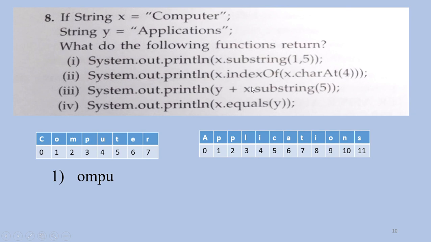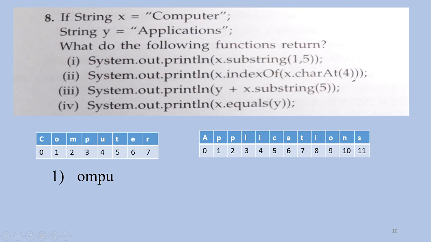Now if you see there are too many functions used here, right? So in that case how will you do this? First you have to start from the inner function. Now you can see here there are two functions used, indexOf and x.charAt. So I will start from the inner function. What is my inner function? Inner function is x.charAt(4).